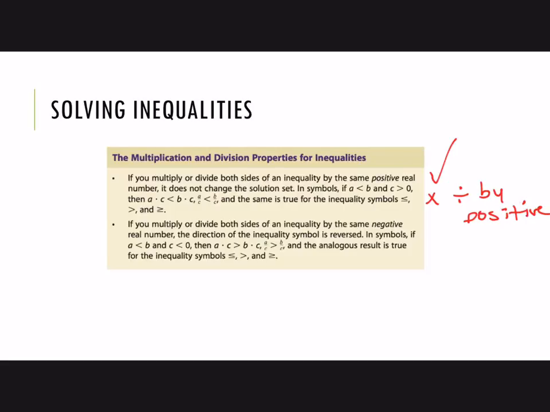We'll look at one more example. Let's do a negative one. If you have negative 2 is greater than negative 5, and let's say you decide to multiply by negative 2, then you would get positive 4 and positive 10, and you need to reverse the inequality symbol to keep that a true statement.